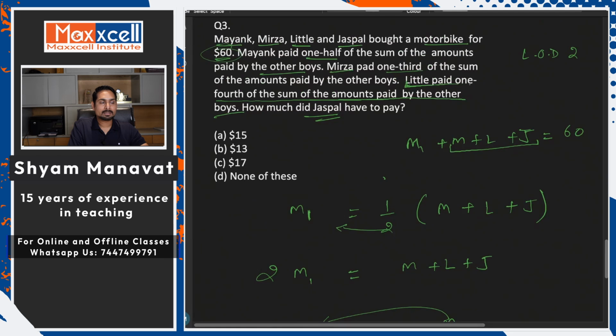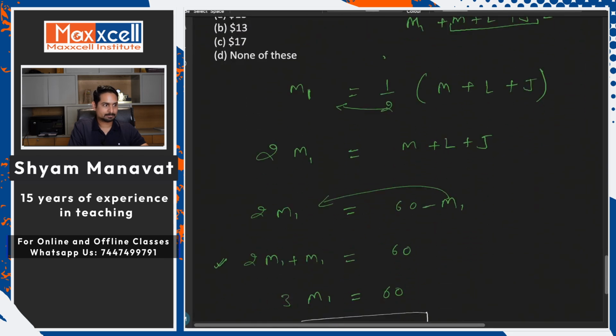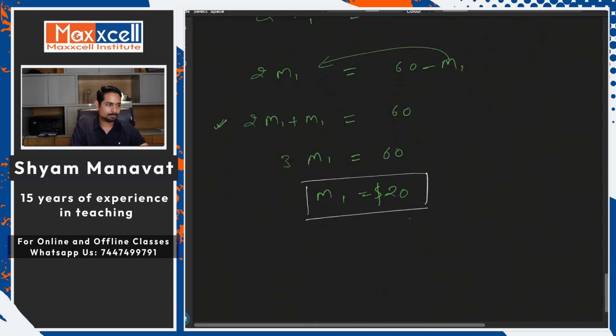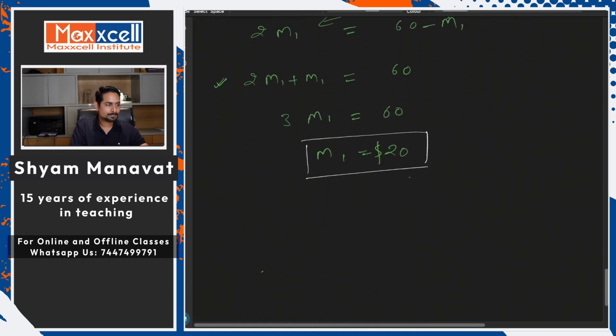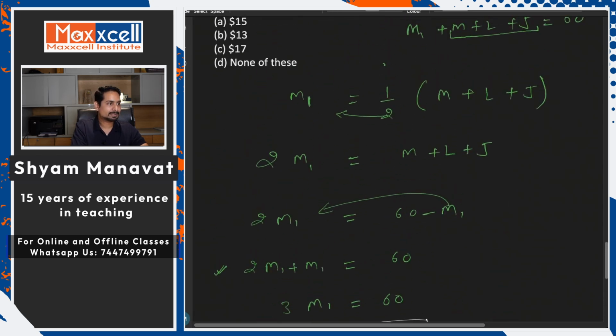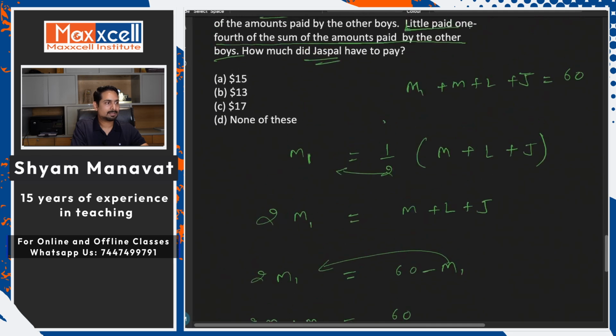Mirza paid 1/3 of the sum of money paid by others. Now if it is 1/3 for Mirza, then this 3 is going to multiply the rest of them. That means you will get 3 times Mirza equal to the rest of them. Now the rest of them, except Mirza: if I remove Mirza, what do I have?